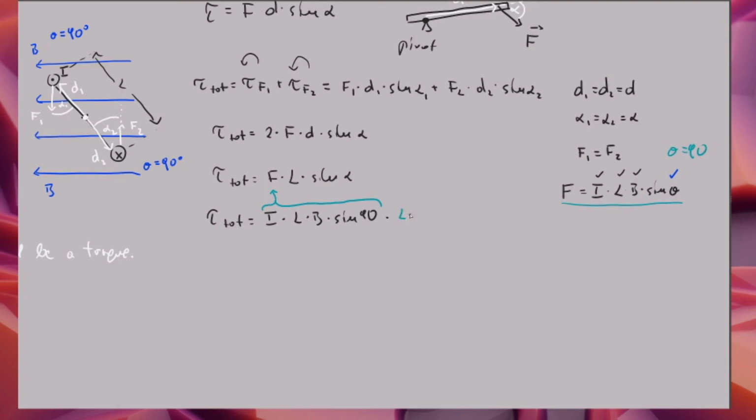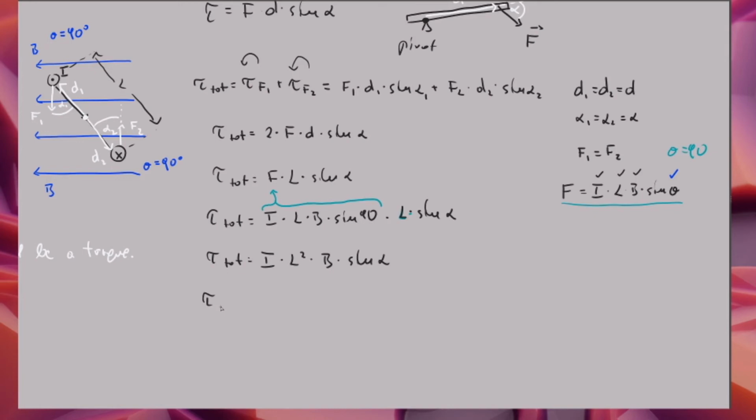Times L times the sine of alpha. We still have to figure out this alpha piece. But anyways, sine of 90 is just 1. So the total torque is going to be I times L squared times B times the sine of alpha. Now L squared is the area of the loop.